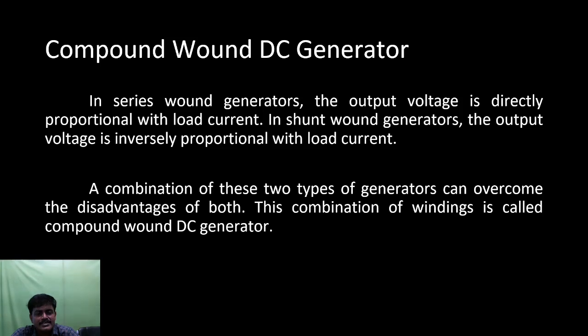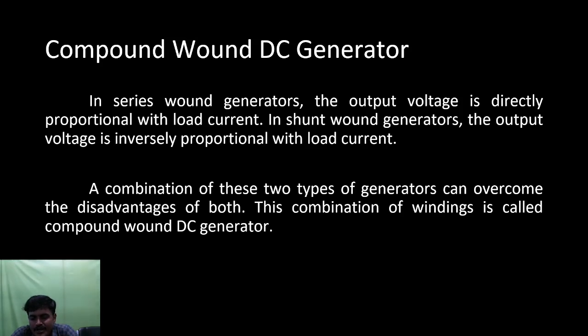According to the equation, a combination of these two types of generators can overcome the disadvantages of both. The disadvantages of the series field winding and the shunt field winding DC generators will be overcome by combining the series field winding and the shunt field winding in the same machine.